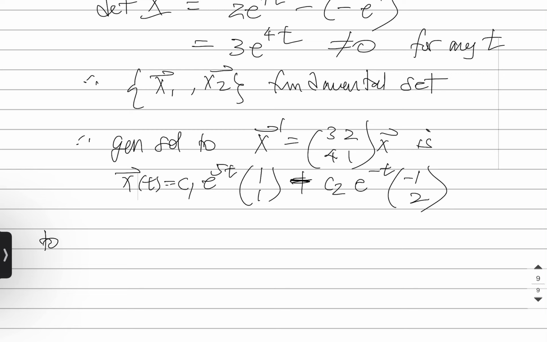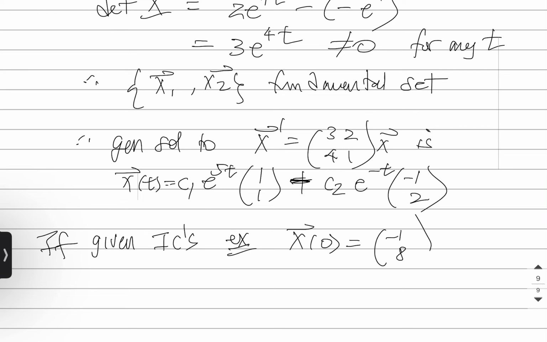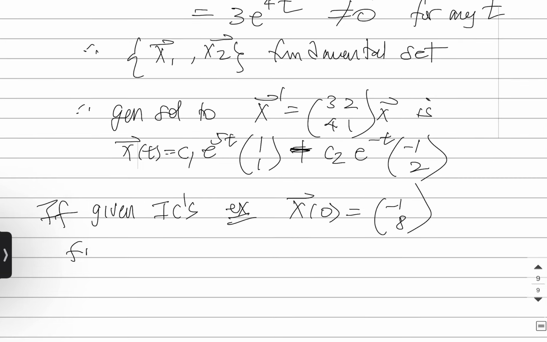If we are given initial conditions, so let's say as an example, we were given these initial conditions, x of 0 is negative 1 and 8, we can find those constants, C1 and C2, by solving this. So x of t, remember, is going to be this capital X of t times our vector c.